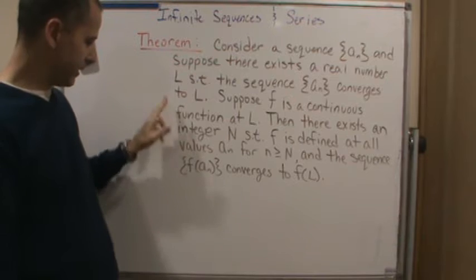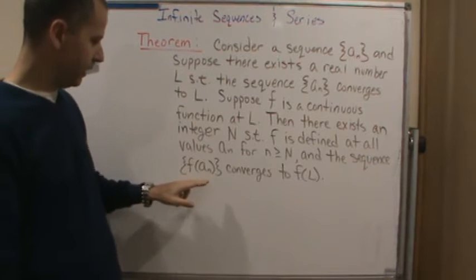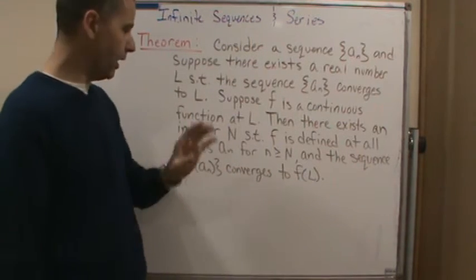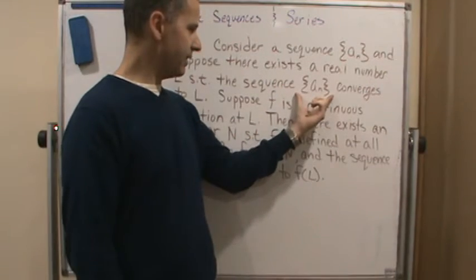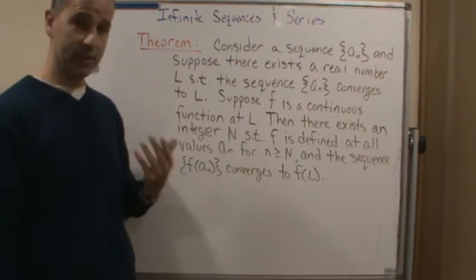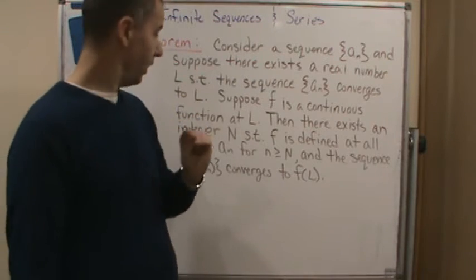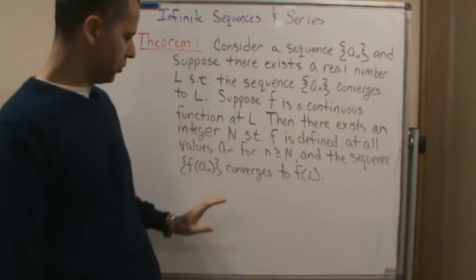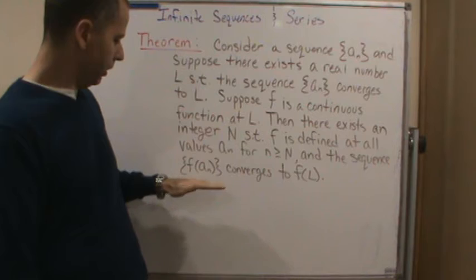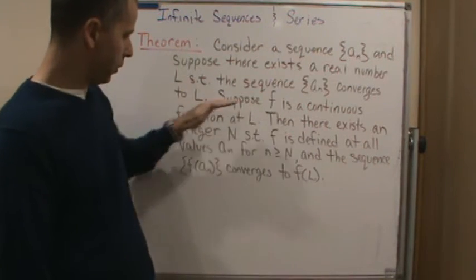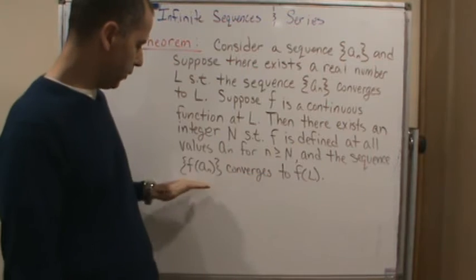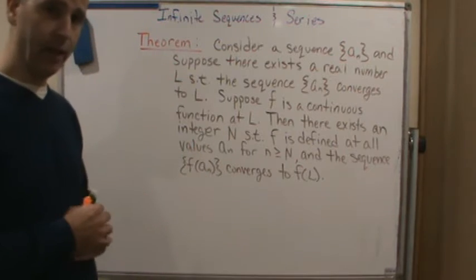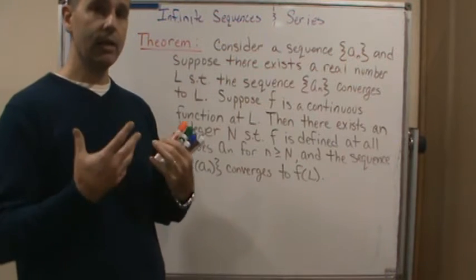And I know, based on this theorem, that the sequence of f of a sub n converges to f of L. So just like in the last example, if I know that this converges to L, and I have some other more complicated looking function of a sub n, then if these conditions are true, I can compare this convergence to this one, and I know this must be true. Okay, so again, it's another way we can simplify and deal with more complicated looking sequences.